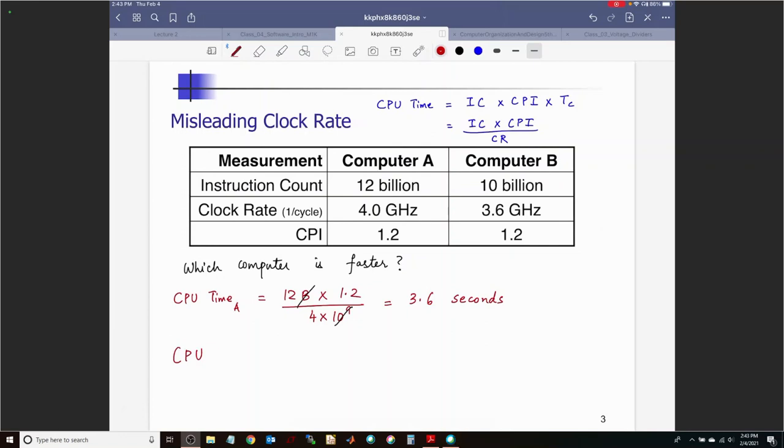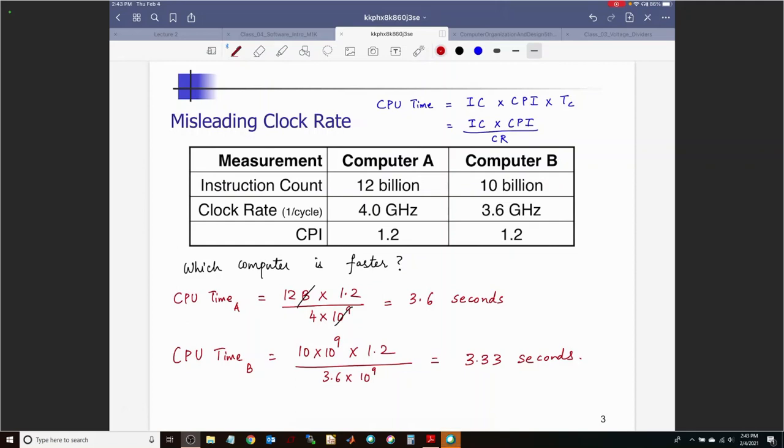If we do the same calculation for CPU time for computer B, it would be 10 times 10 to the 9 times CPI, which is the same, divided by 3.6 times 10 to the 9, which works out to be 3.33 seconds. And of course, you have seen that performance is inversely related to execution time.